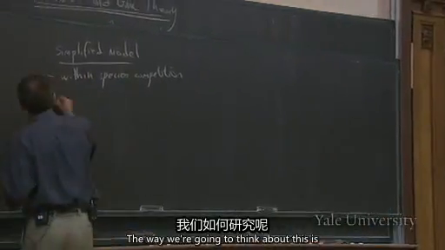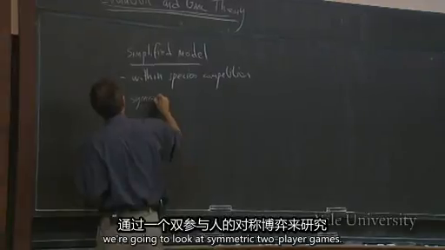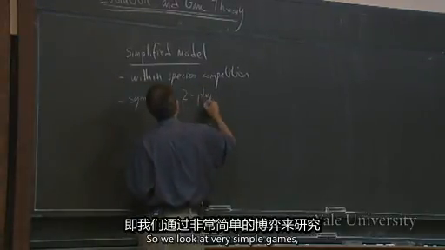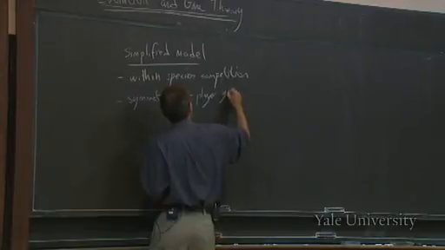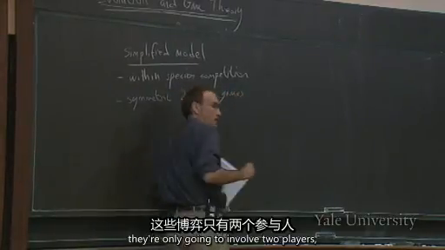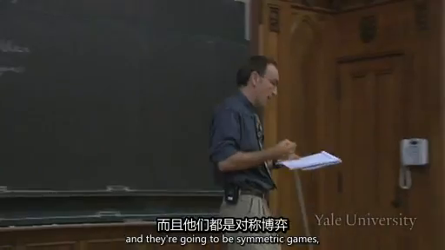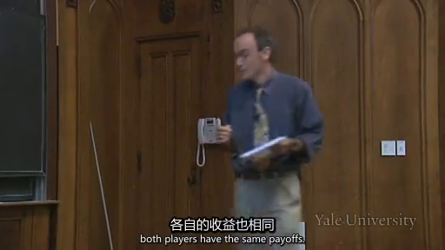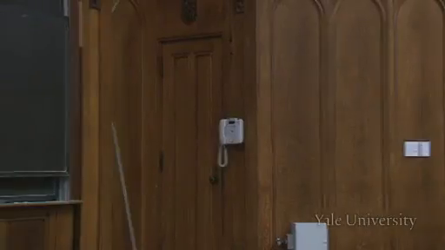And the way we're going to think about this is we're going to look at symmetric two-player games. So we look at very simple games. They're only going to involve two players, and they're going to be symmetric games, which means both players have the same strategies, both players have the same payoffs. All right?